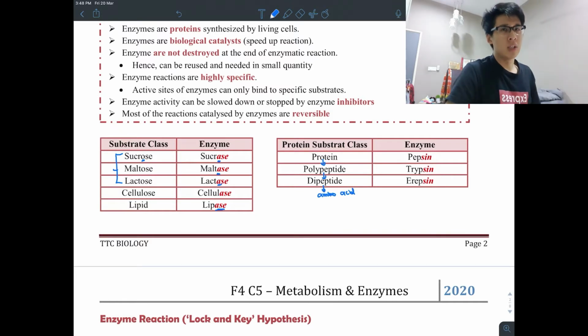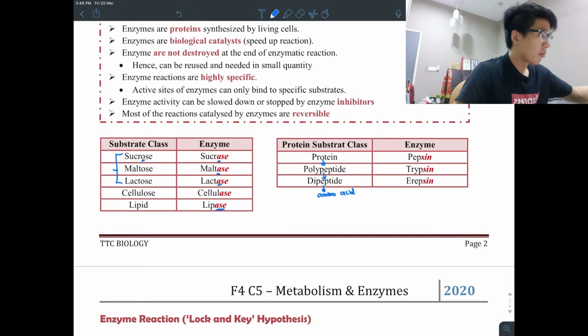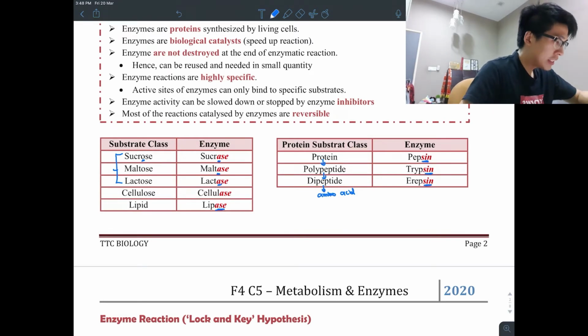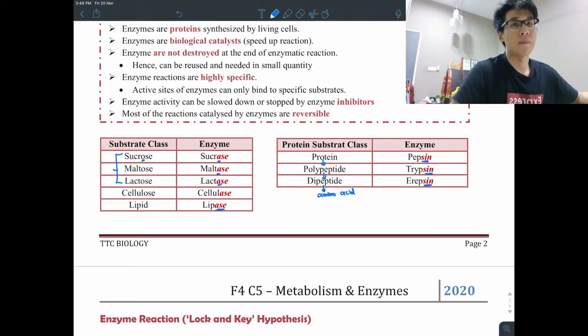Last time you learned that the enzyme that digests protein is called protease, but right now protease is broken down into 3 types. Pepsin breaks down protein to polypeptide, trypsin breaks polypeptide to dipeptide, and erepsin breaks dipeptide to amino acid. So the protein enzymes are all the ones ending with sin.